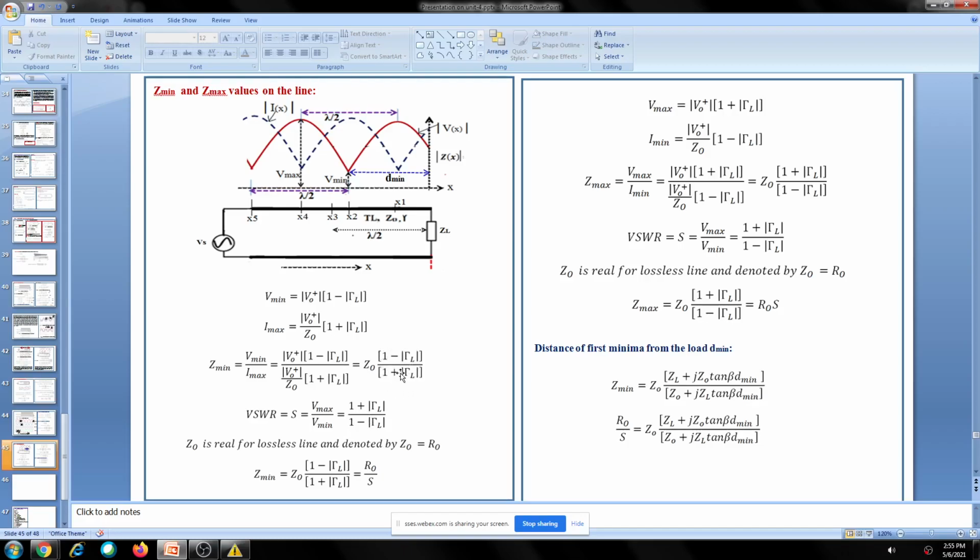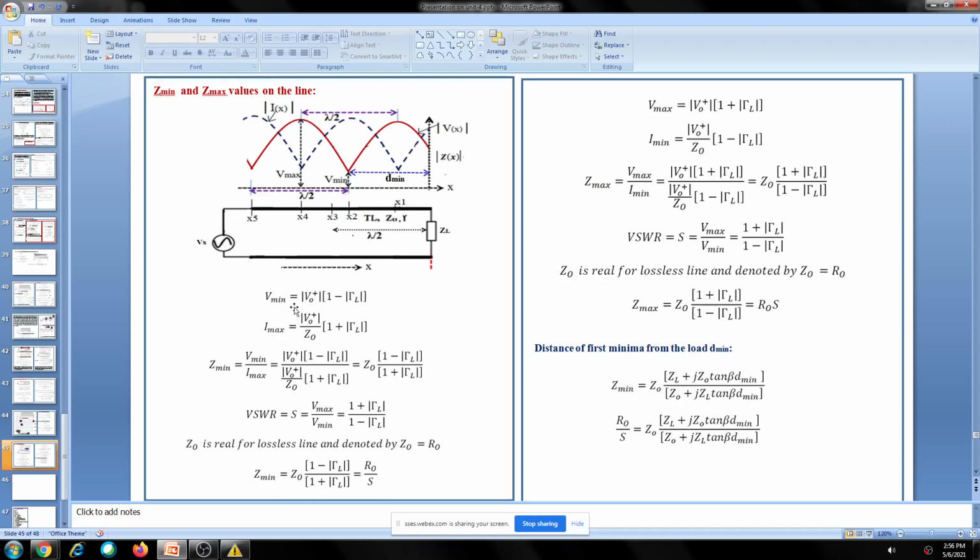This is 1 by S, because the expression for VSWR is 1 plus 2L divided by 1 minus 2L magnitude. This is 1 by S. So if you substitute that in this equation, this is equal to 1 by S. Okay, so Z naught by S, but for a lossless line Z naught is real, so it is R naught by S. So Z minimum is R naught by S.